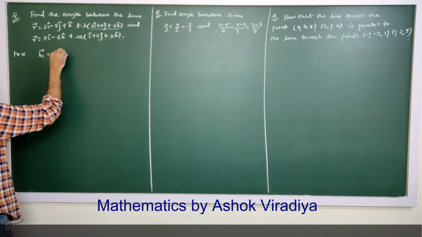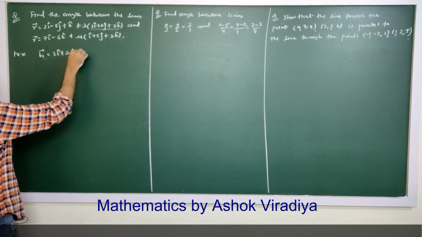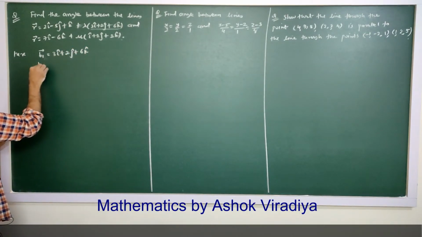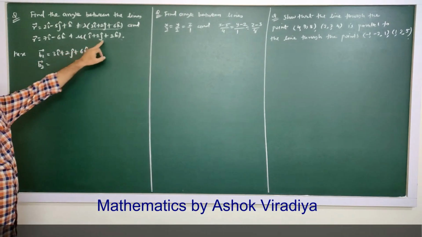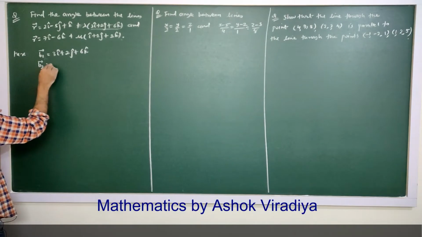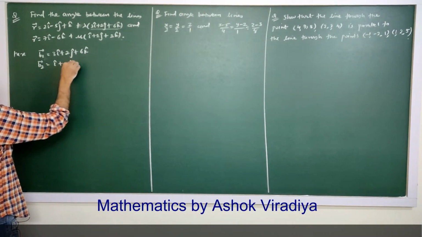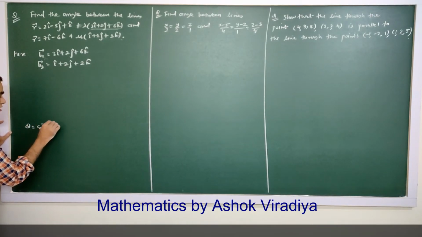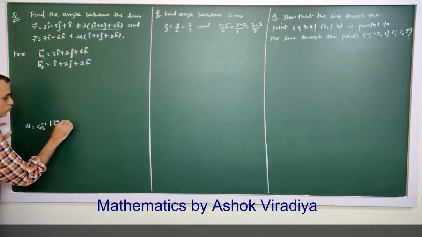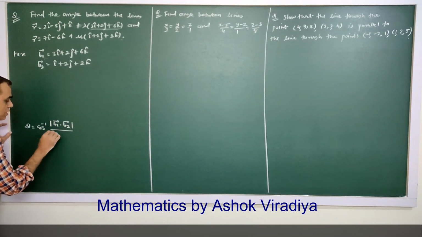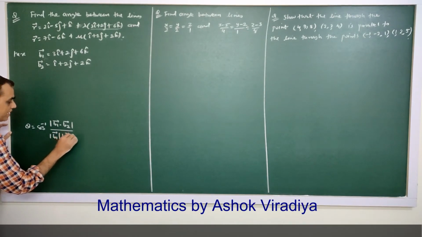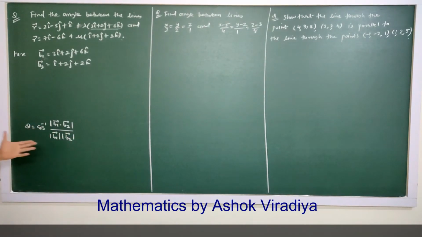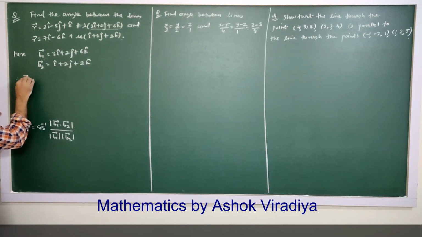B1 is 3i plus 2j plus 6k, and vector B2, that is the vector parallel to the second line, is i plus 2j plus 2k. Now the formula is theta equals cos inverse of the modulus of B1 dot B2 upon magnitude of B1 into magnitude of B2.